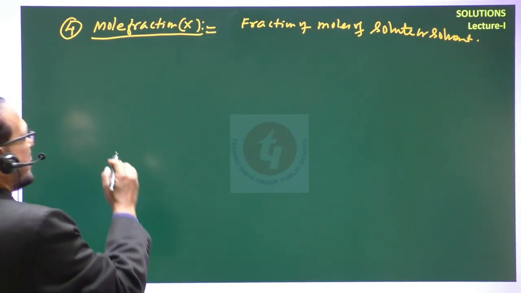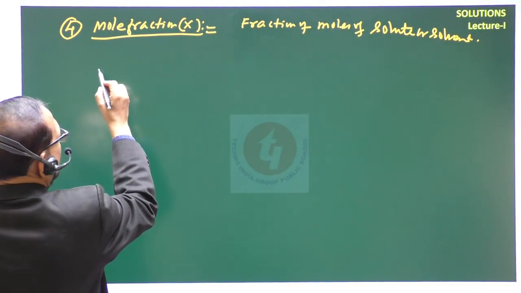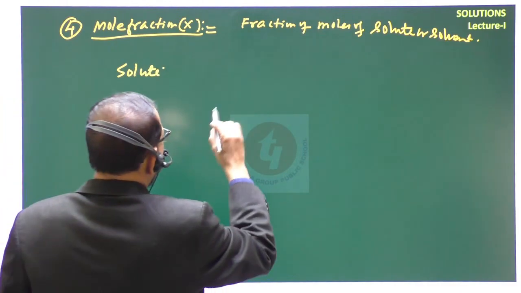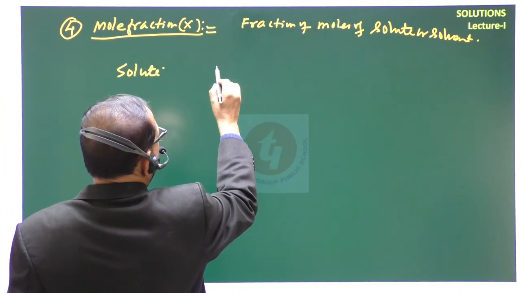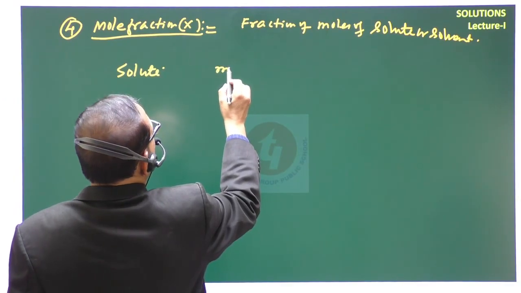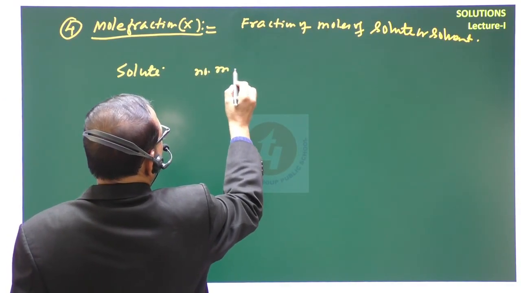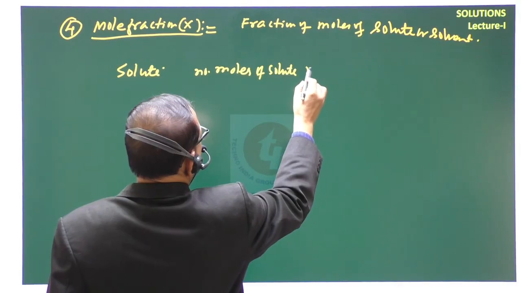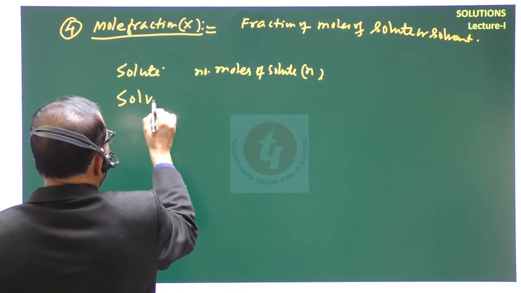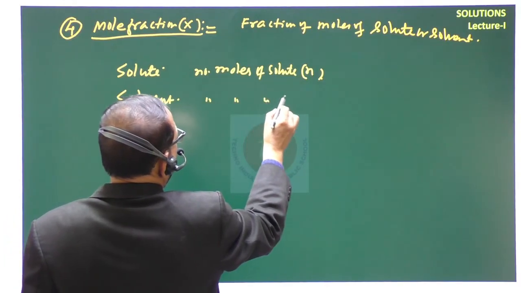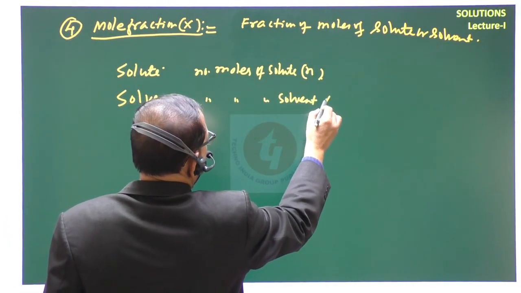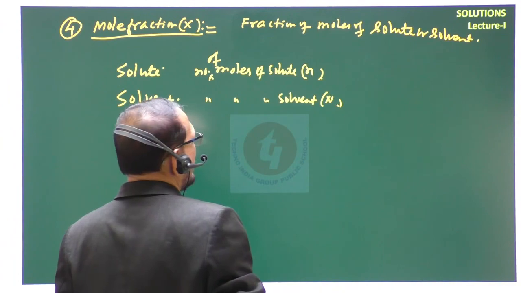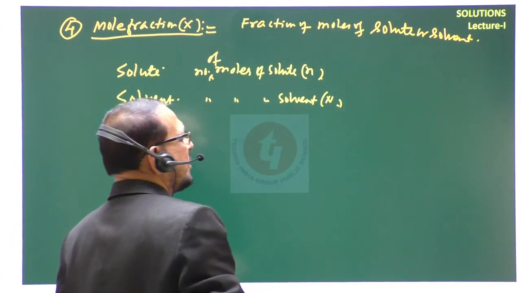Consider small n as the number of moles of solute and capital N as the number of moles of solvent. Therefore total moles is n plus N.